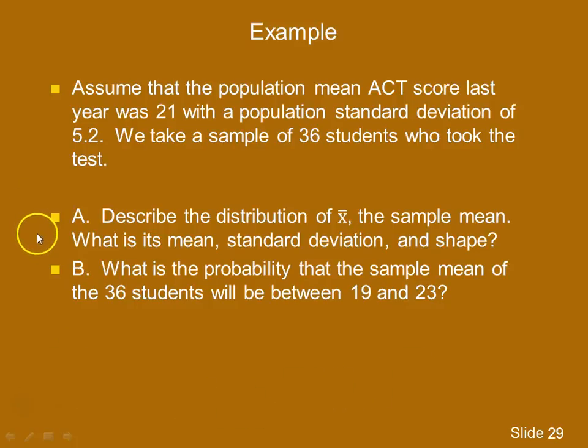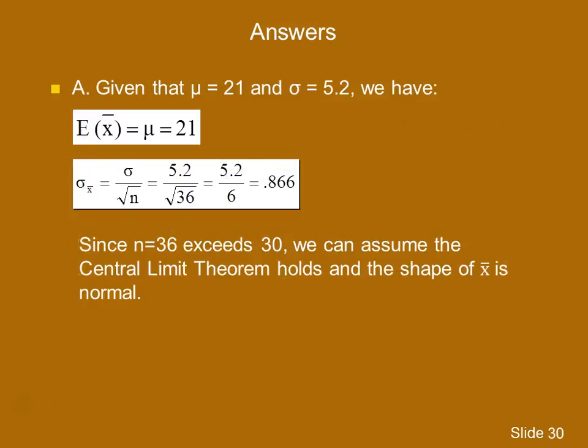Let's start with the first part. Describe the distribution of x bar. Well, we already have formulas for the mean and standard deviation, and then we can apply the central limit theorem to get the shape. Given that the population mean mu is 21 and sigma is 5.2, we know that the expected value of x bar, or its mean, is equal to the population mean, and that equals 21.